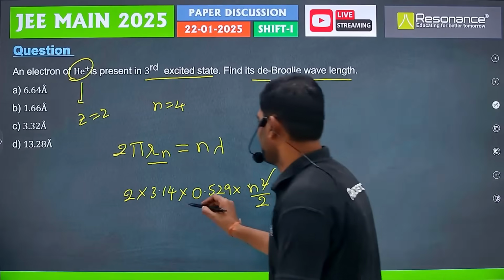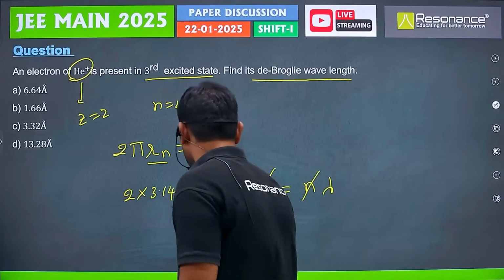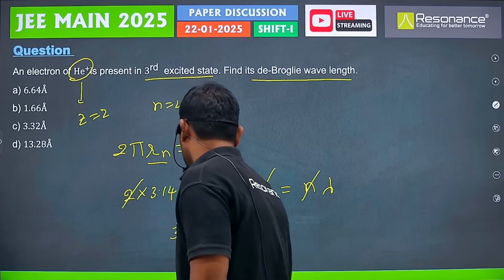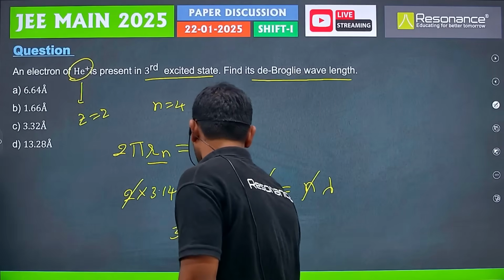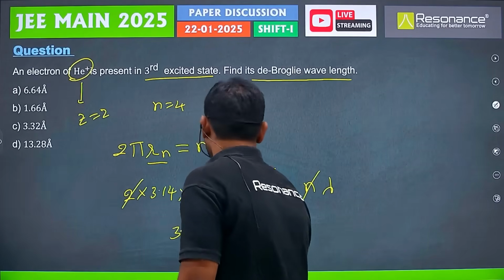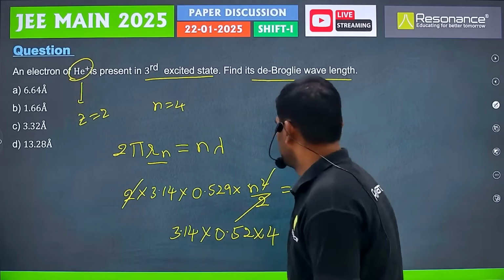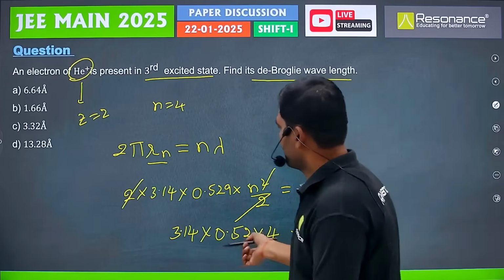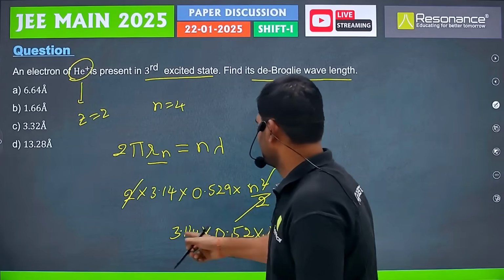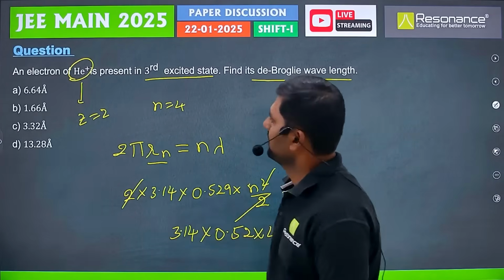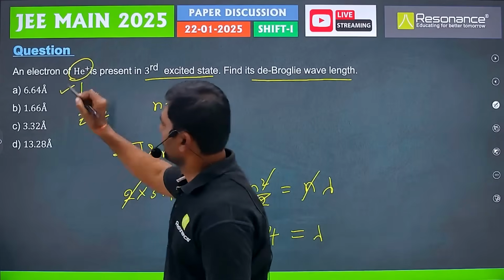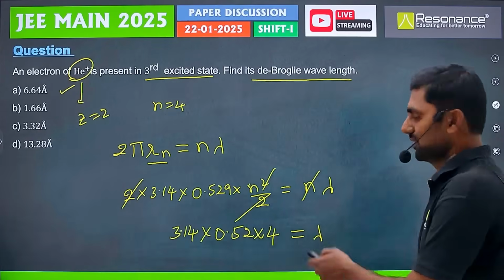Substitute the n value. So this 2 and 2 will also be cancelled. 3.14 into 0.529, n value 4, equal to lambda. By solving we can get it easily. This one is matching: 4 into 3 is approximately 12, 12 into 0.5, I think so. Option A is the matching one. This is your answer.